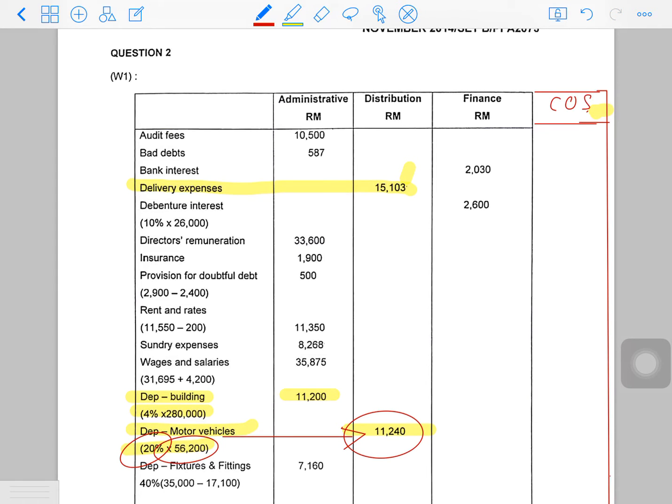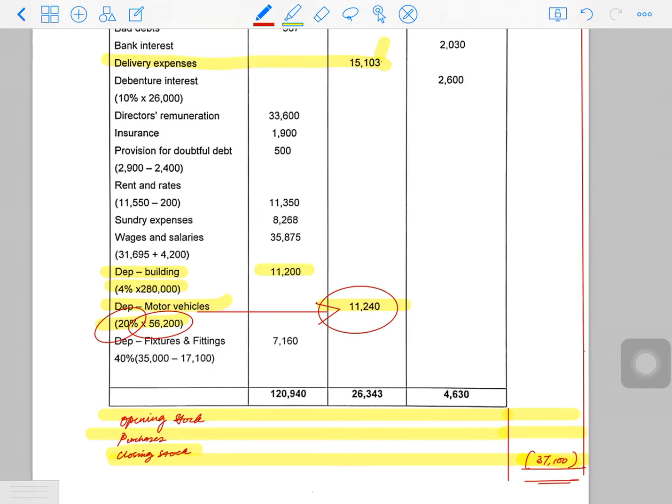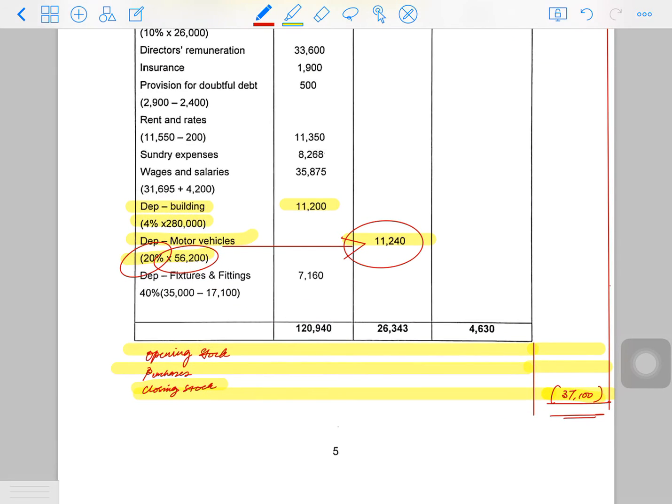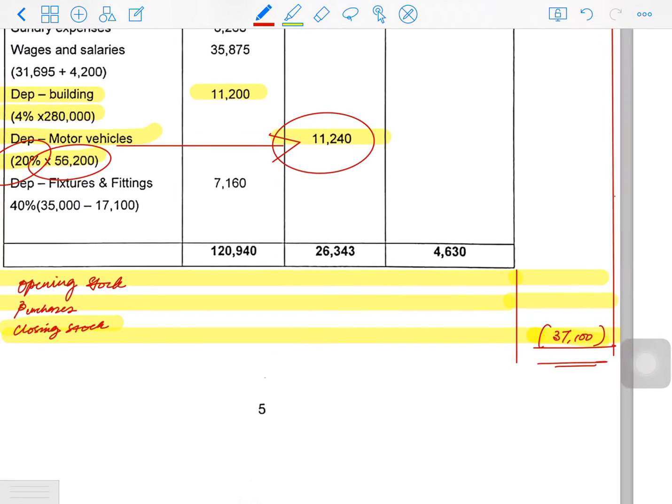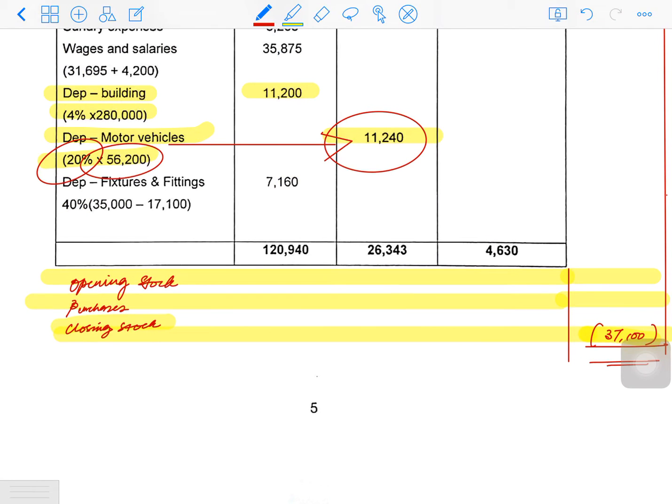So just add another column for cost of sales. You can put it below here. Closing stock, cost of sales, this amount 37,100. They already prepared it, so we just use it.